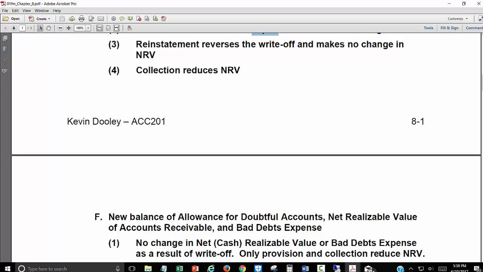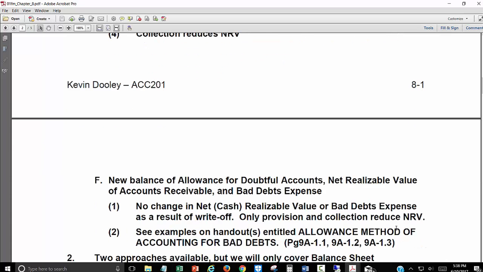There's also no change in bad debts expense because bad debts expense was anticipated way in advance of actually writing off anyone in particular. Only the adjustment of the allowance account and collecting of accounts receivable actually reduce your net realizable value. We'll have a handout dealing with the allowance account, and you can see examples of these things occurring on that handout.